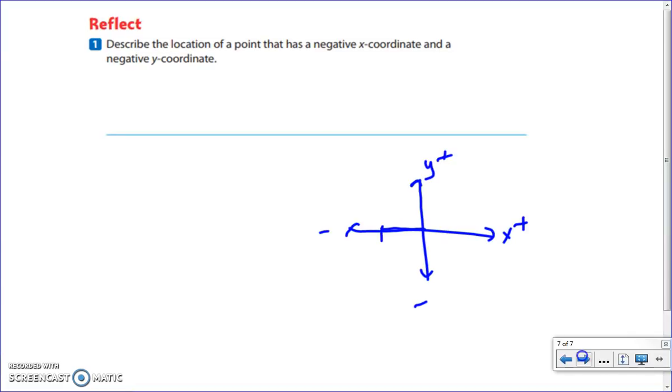And a negative y-coordinate, I went down. No matter what, I will always be in quadrant number 3, no matter where it is. If I just go a little left and a little down, long ways left and a little down, it doesn't matter. Anytime I move negative in the x direction, negative in the y direction, I will still be in quadrant 3.